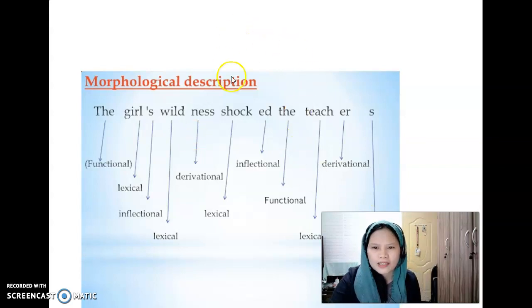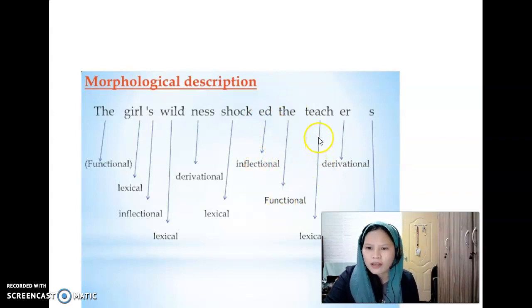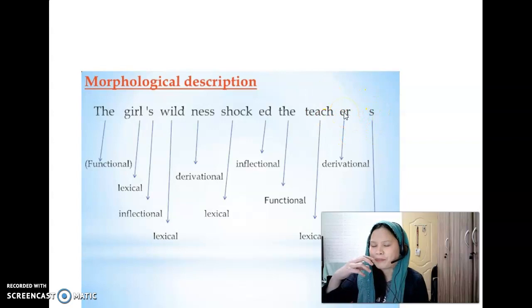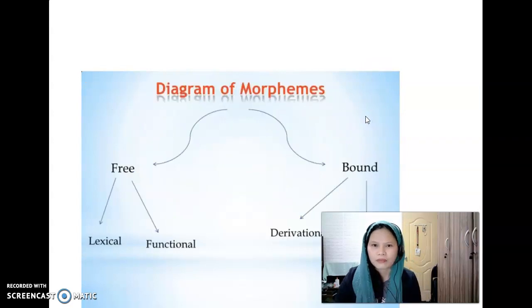And then we have the lexical base word shock, which can be added with ed, which is the inflectional. And we have the functional the. We have another lexical, teach, and then derivational er. It changes from verb to noun. And then we can add another s to describe it as a plural. So it's inflectional because it cannot stand alone.